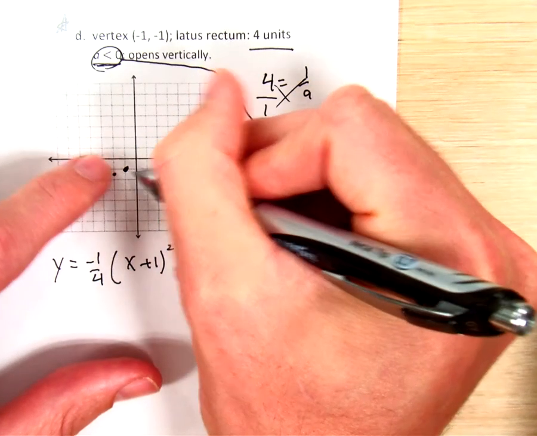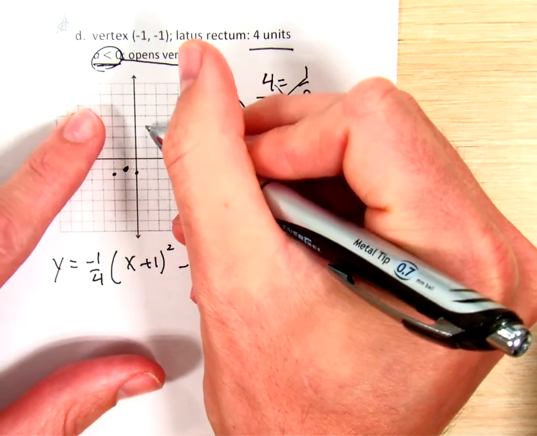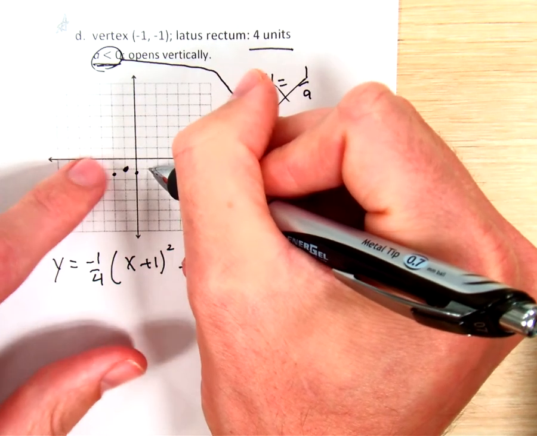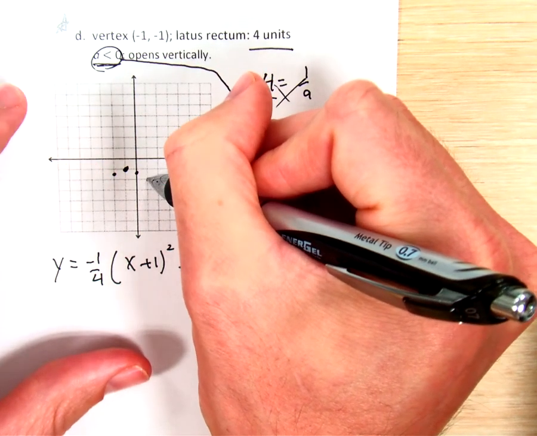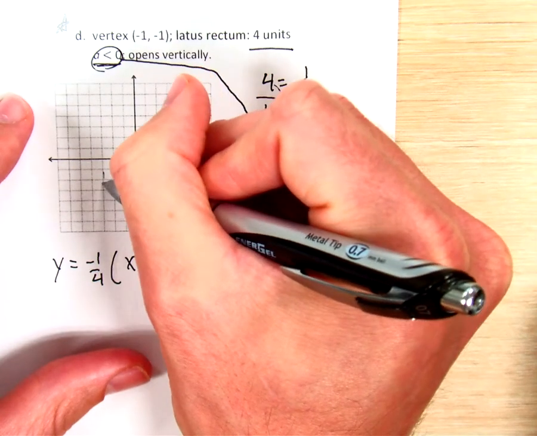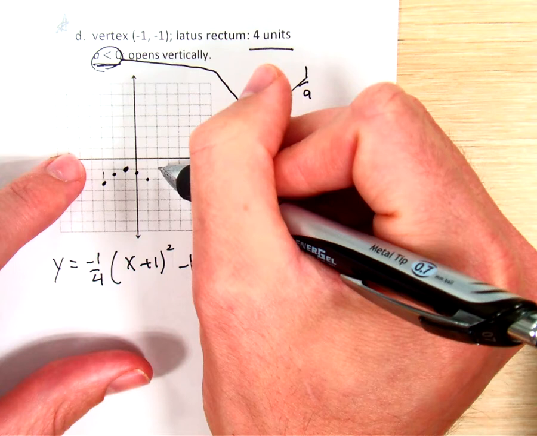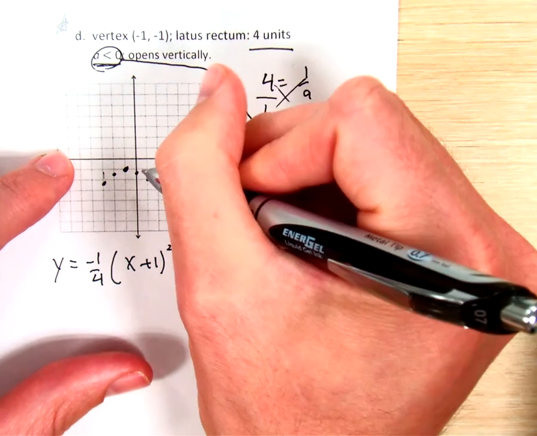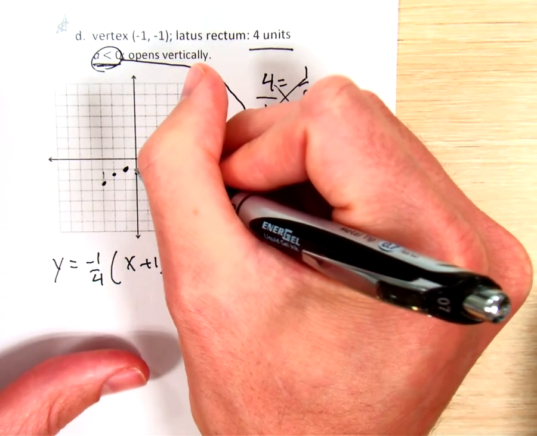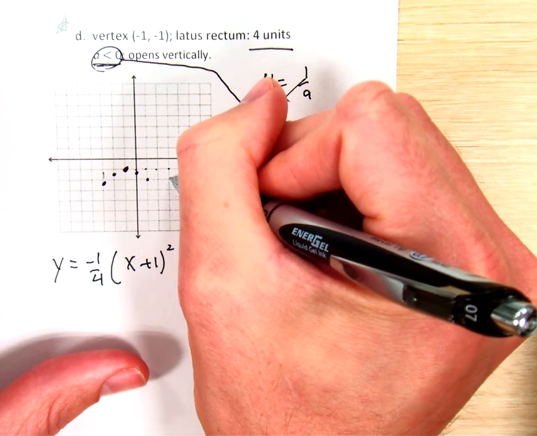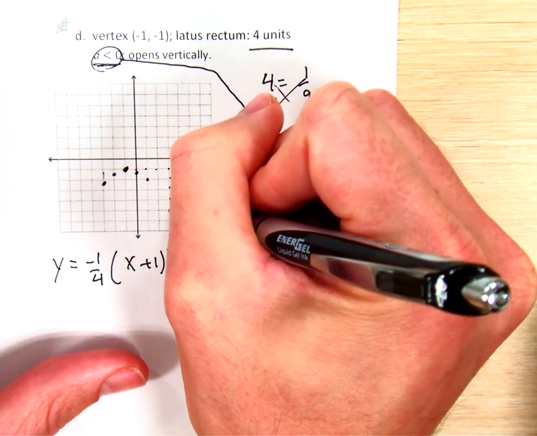If I go out 1, 1 squared is 1, times negative 1/4, I go down 1/4. If I go out 2, 2 squared would have been 4, but it's times negative 1/4, 4 times negative 1/4 is negative 1. I go down 1. 3 won't be very nice. 4 would be 4 squared is 16 times negative 1/4 is negative 4. So I go out 4, down 4.